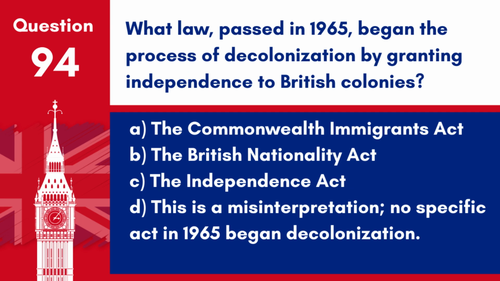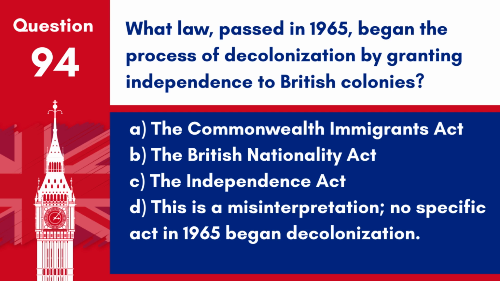Question 94. What law, passed in 1965, began the process of decolonization by granting independence to British colonies? A. The Commonwealth Immigrants Act. B. The British Nationality Act. C. The Independence Act. D. This is a misinterpretation.